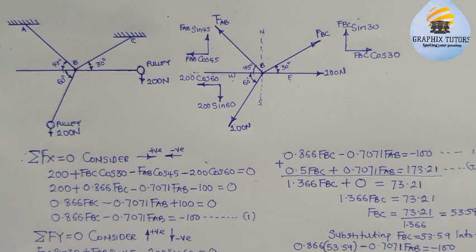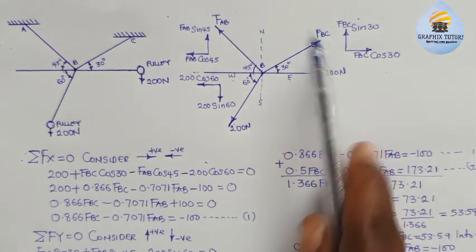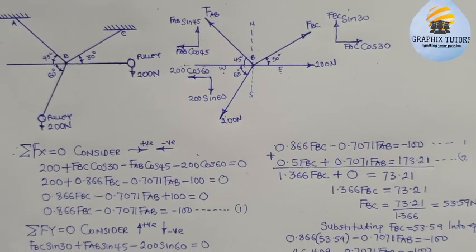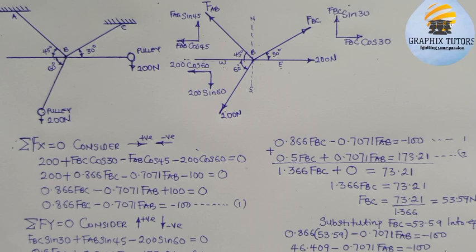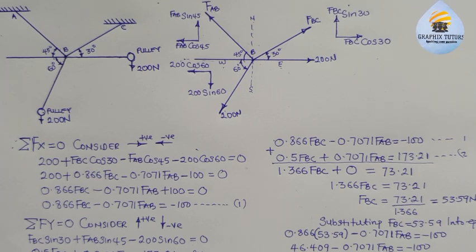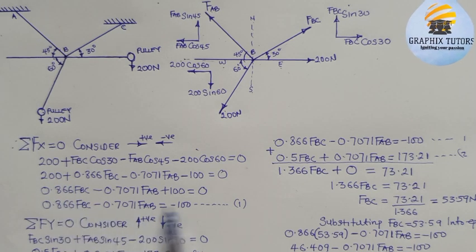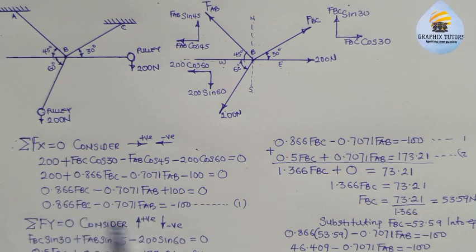It's easier for you to calculate the resultant force. If you are told to calculate the resultant force, just input the values of FAB and FBC into this equation here, so you get a total value.